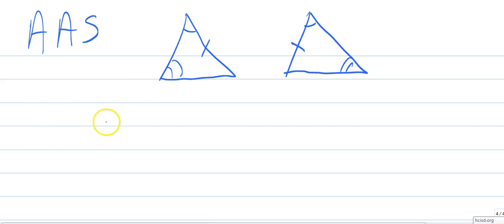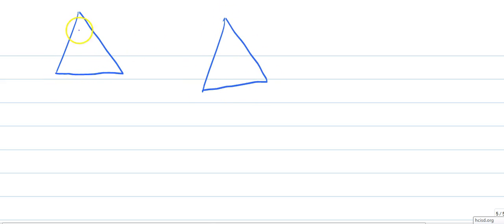Now, something I just thought about. Probably going to see it though. Let's say you have two triangles like this, and ask, are those two triangles congruent?